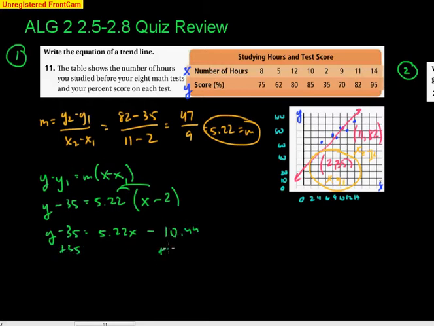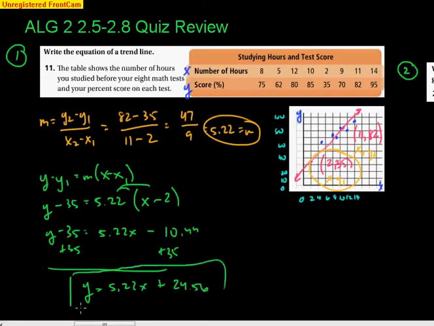Add 35. Y equals 5.22x plus 24.56. There we go. So that is this problem done by hand.